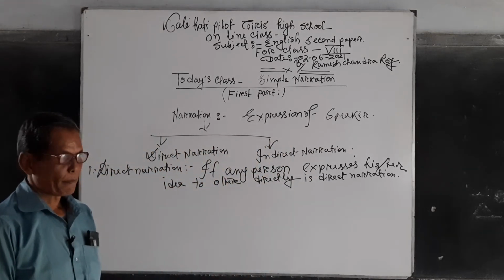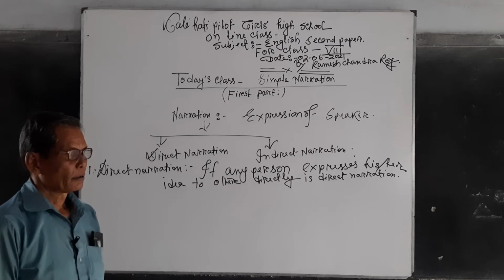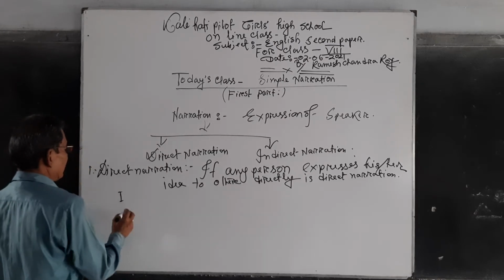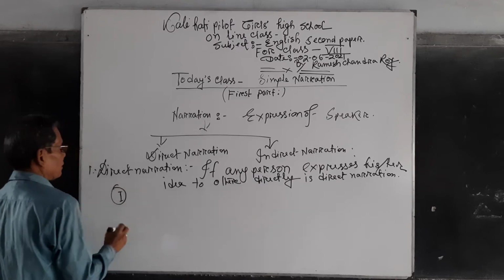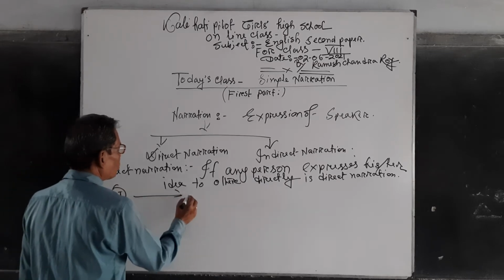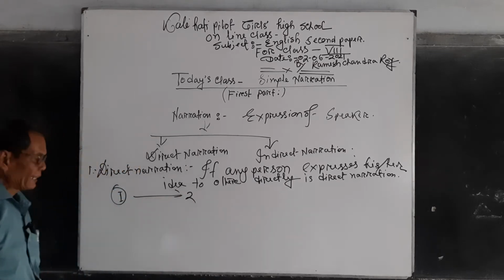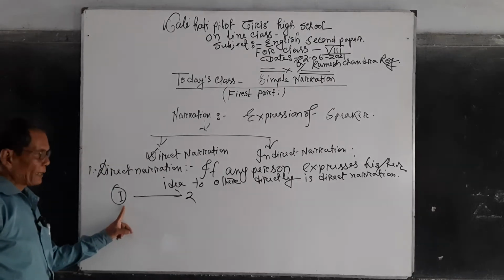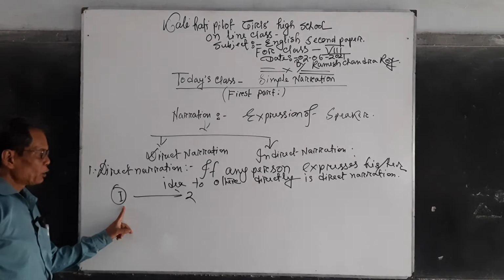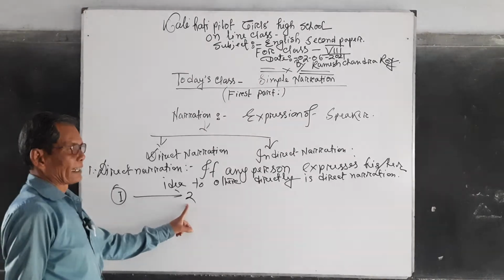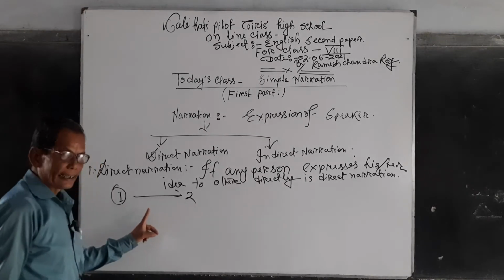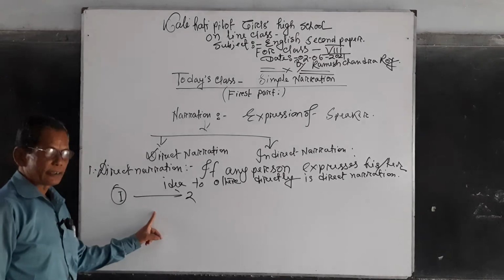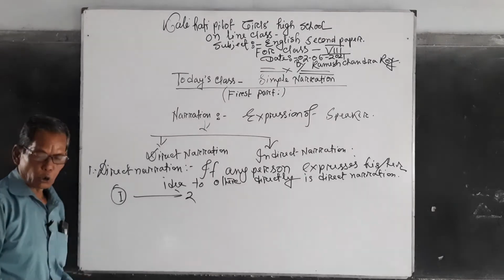Okay? Suppose there is first person 1 and second person 2. If the first person expresses his idea to the second person, it is a direct expression. That is why it is direct narration. Okay?